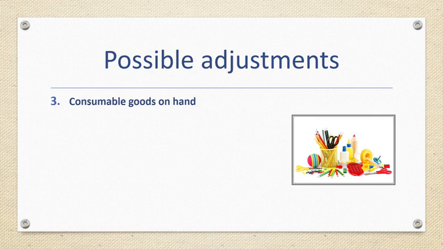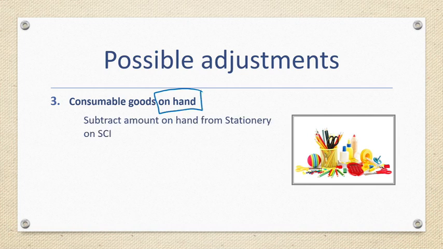The one that goes with that one, the consumable goods on hand, that is what we have on hand. In other words, not a difference, but what we have on hand. And we subtract that amount from stationery or packing material or consumable goods, depending on what they give you in the pre-adjustment trial balance.